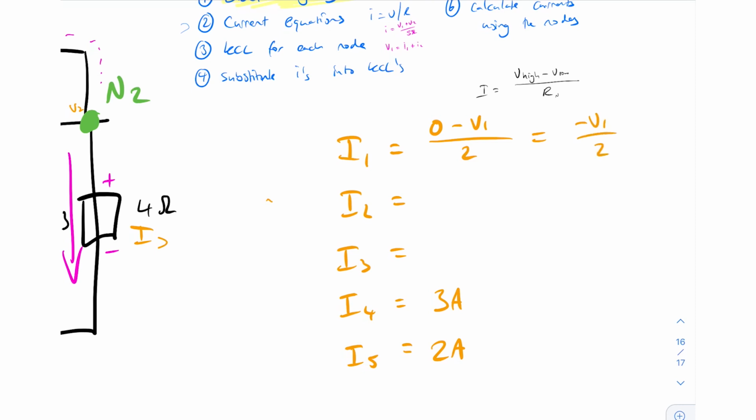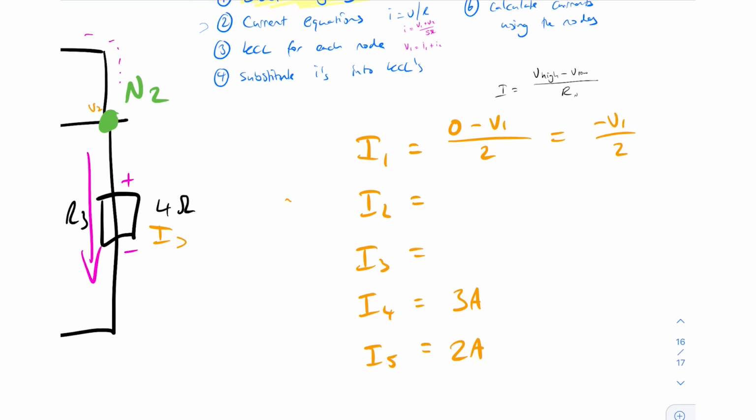So the current at I1 is minus V1 divided by 2. And so once we finish writing these current equations, now all we'll have to do is just find out the voltages at N1 and N2, or node 1, node 2, or V1, V2, and then we can easily find out the current. Okay, and then obviously we've already got the resistor values.